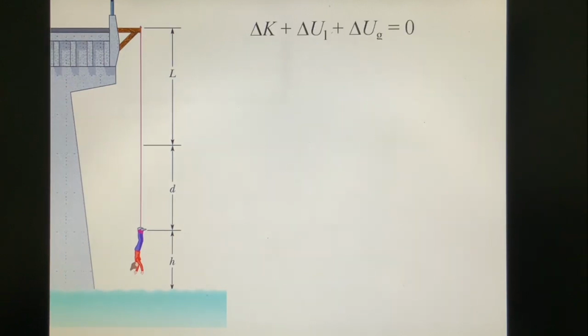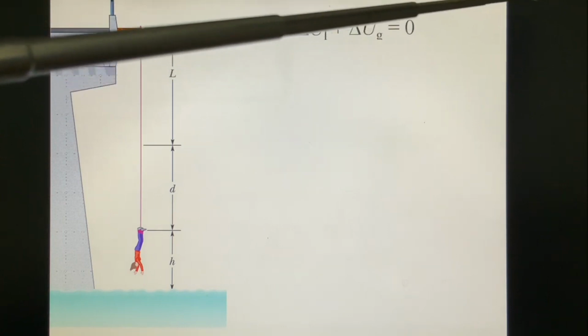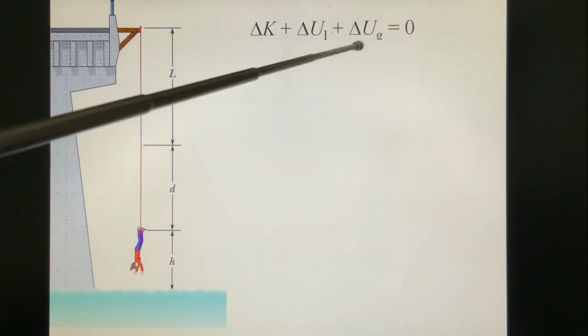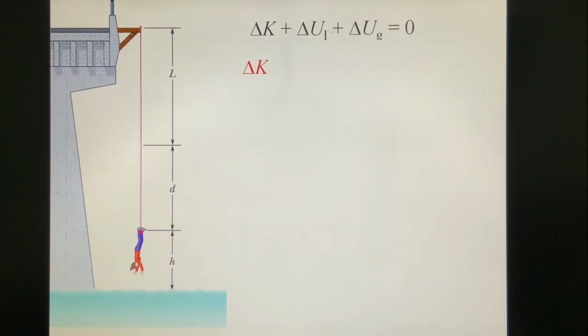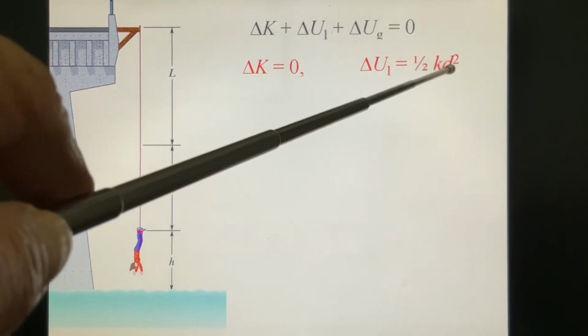According to the conservation of mechanical energy, delta K plus delta U equals 0. Delta U includes two parts: one is the spring cord, one is gravitational force. Delta K is 0, from 0 to 0. Delta U_L: originally the cord is at its relaxed state and you extend d, so it has potential energy half k d squared.